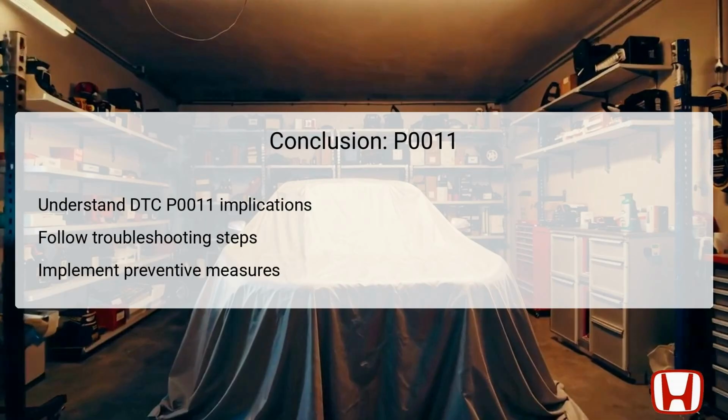Additionally, implementing preventive measures such as regular oil changes and inspections of the VTC system can significantly contribute to preventing future occurrences of this DTC. By maintaining awareness and acting promptly, vehicle owners can ensure their Honda Civic operates optimally and efficiently.